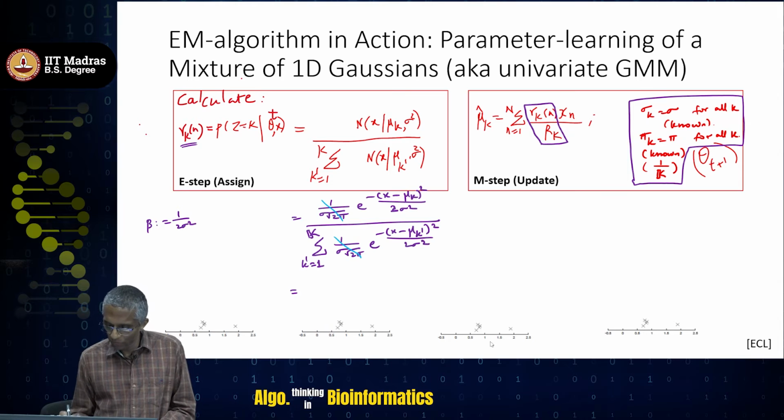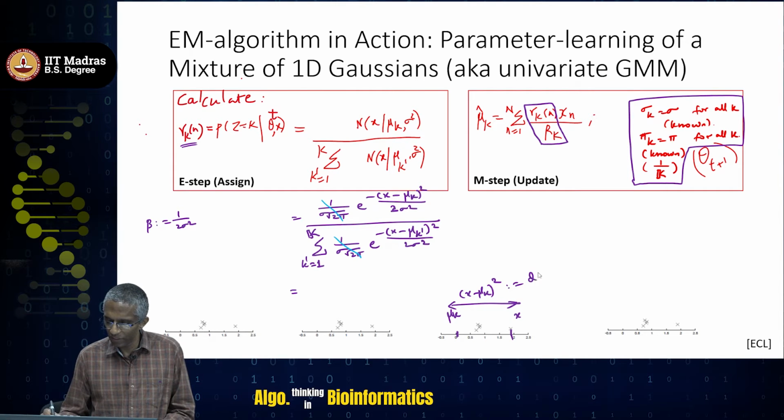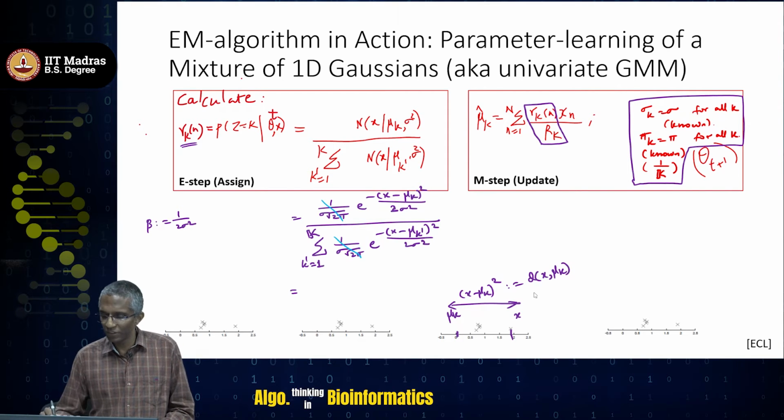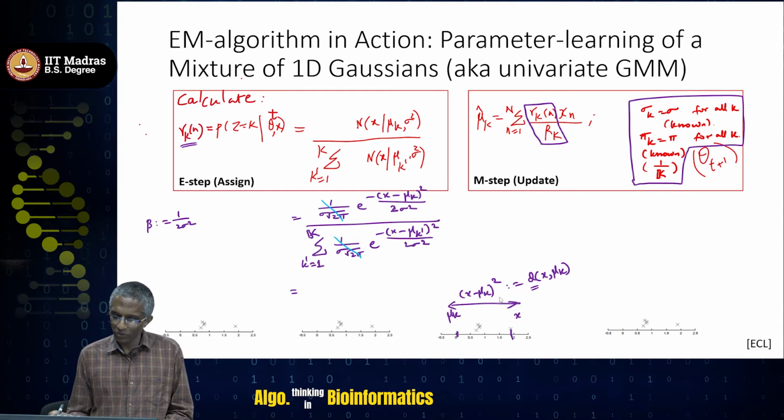So, if this is your mu k and this is your data point x, then this is the distance x minus mu k, and then you can square the distance, and that is what we initially defined as d of x comma mu k. So this is essentially the squared distance. We defined it using the letter d, and so x minus mu k whole squared is going to be d.